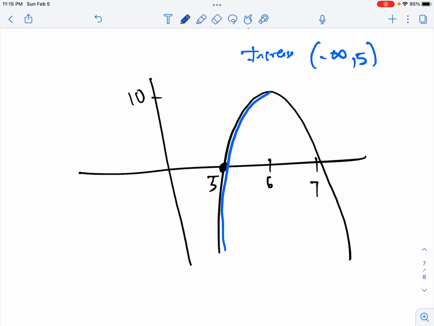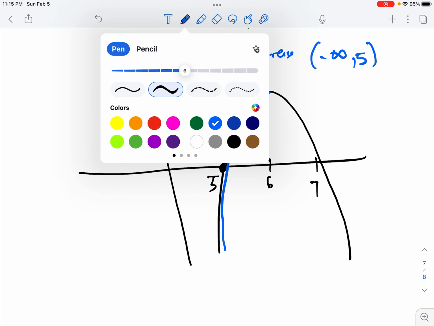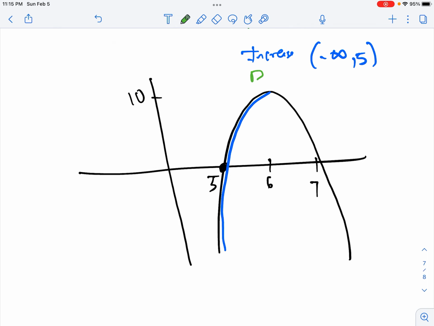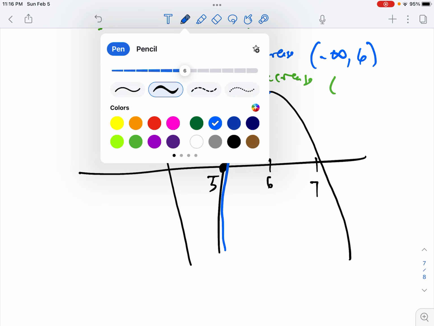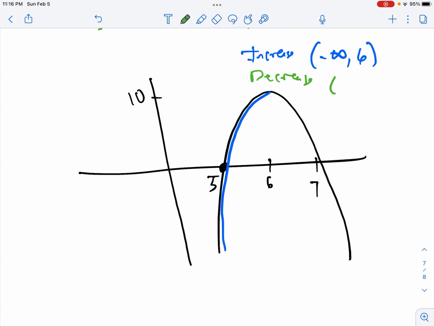And now for intervals of decrease, just one interval here. My interval of decrease is from, oh, did I say 5? Let me go back, sorry. I should have said from negative infinity to 6. Okay, now decrease is from 6 to positive infinity.